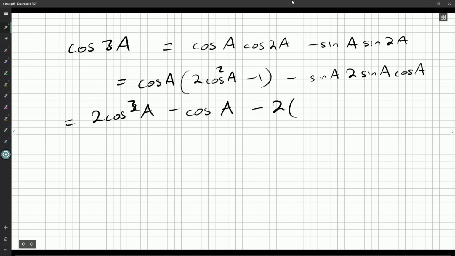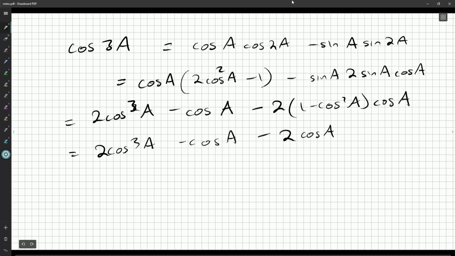Minus 2, 1 minus cos squared a, cos a. So 2 cos cubed a minus cos a minus 2 cos a plus 2 cos cubed a. And look at that, it's almost the same thing as the one for sine.